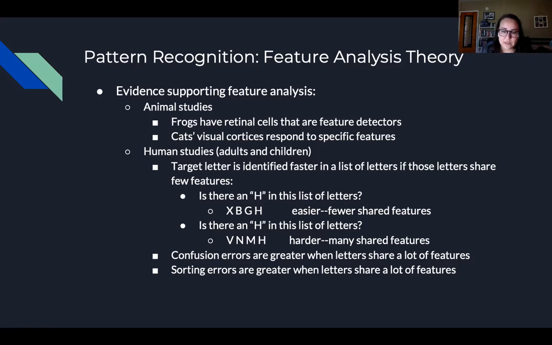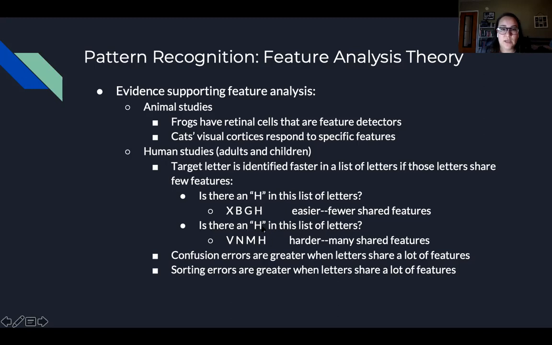Whereas it becomes a lot more difficult when there are many shared features between a target letter and the letters on the list. So in this example, the letter H does have a lot more shared features with some of these other letters.